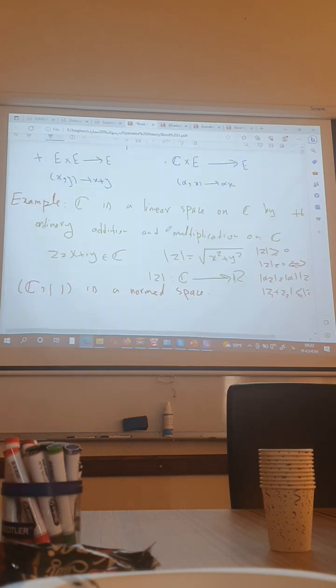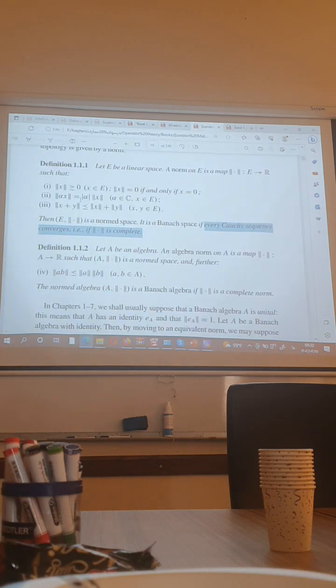This is the absolute value of any complex number, okay? But this is a norm of x. This is a norm of any element of E. And finally, this is the triangle inequality. Triangle inequality is very, very important in normed space. And also we need x plus y.